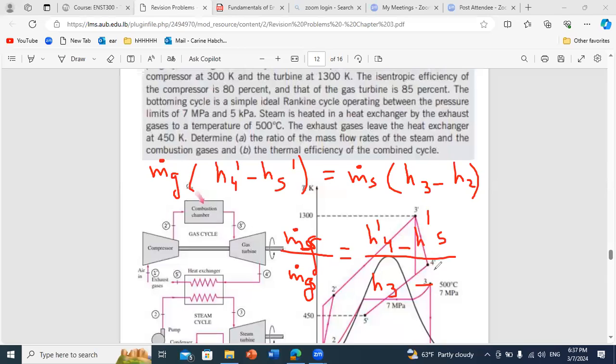To be able to get these mass flow rates, you need to know the enthalpies at points 2, 3, 4 prime, and 5 prime. So let us do the analysis of how to get the enthalpies at these different points.